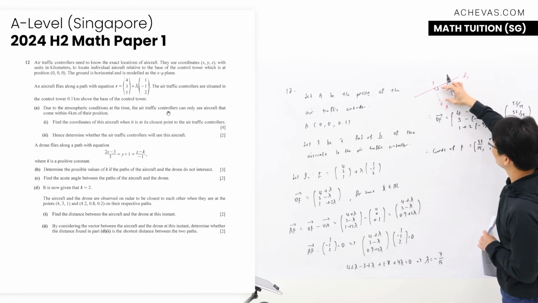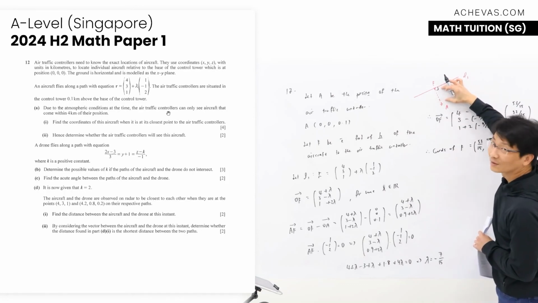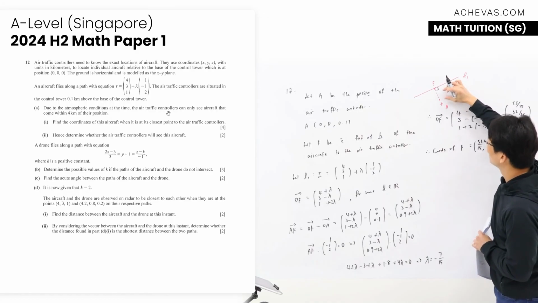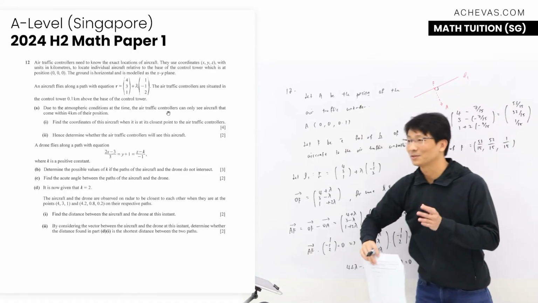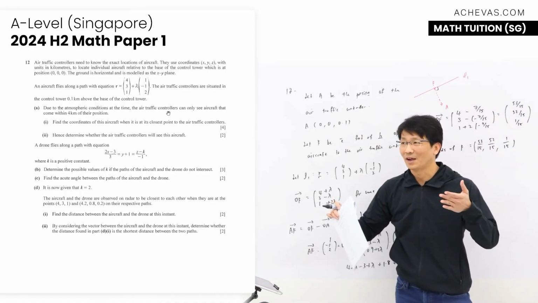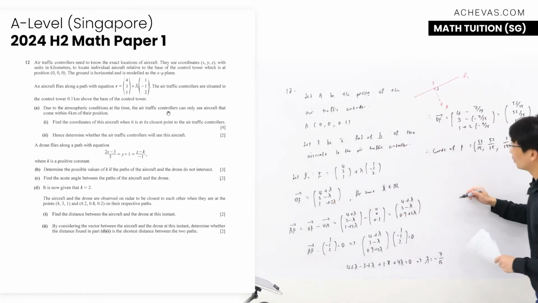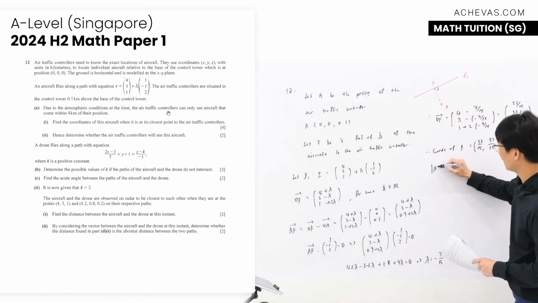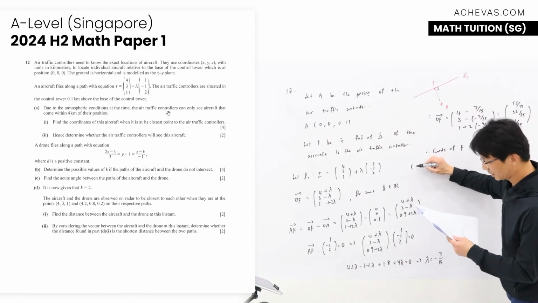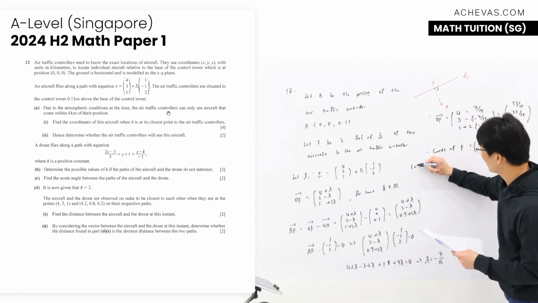So we are going to find the distance of this one, which will be the closest to the air traffic controller. If it's already the closest and we cannot observe it, then the rest of the path of the aircraft, the air traffic controller definitely cannot see. I'm going to find the modulus of AF. Let me label this as part 2.